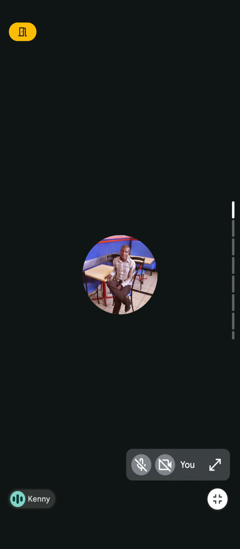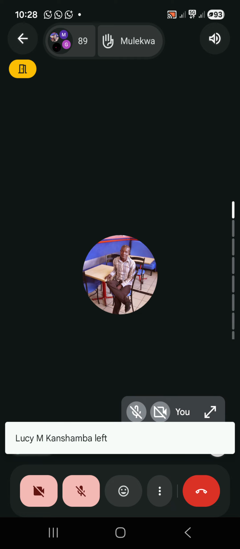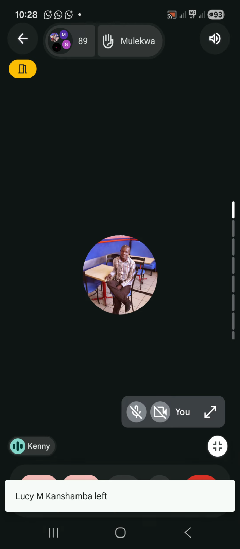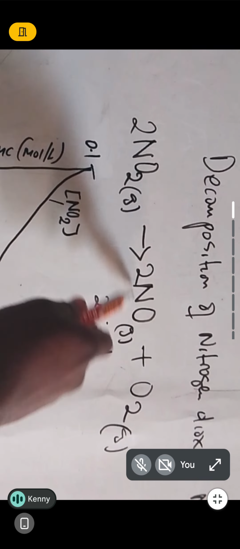Now look at the mole ratio. The mole ratio of nitric oxide to oxygen is 2 to 1. So which one will increase more? It's the nitric oxide which will increase more.